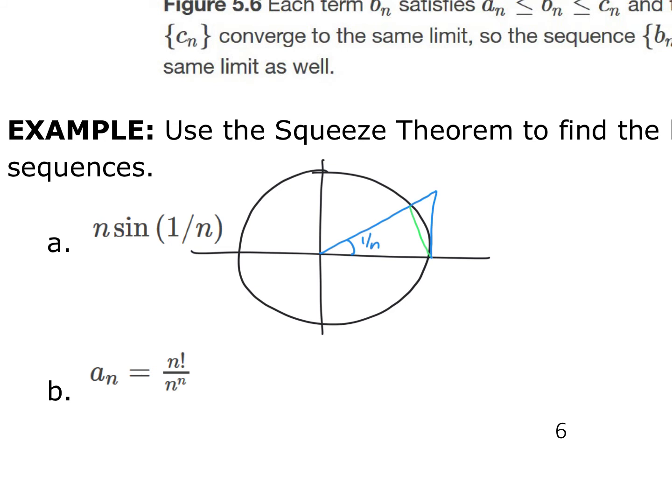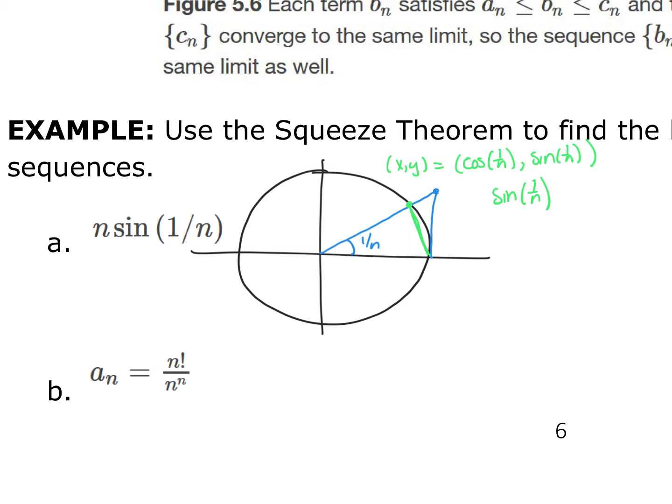Now, because this is a unit circle, this point is the x comma y, which on the unit circle is going to be the cosine of the angle, which is 1 over n, and then the sine of the angle, which is 1 over n. Which means this length, give or take, will be the sine of 1 over n.